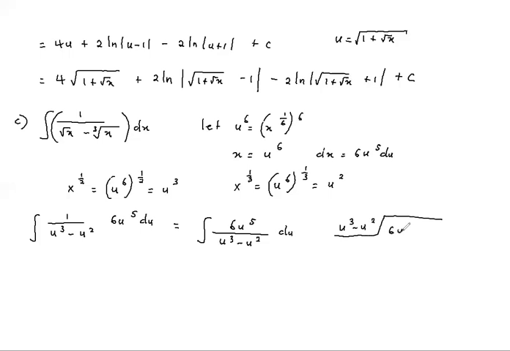So we'll have 6u^5. So u to the power 3 in 6u^5 will give us 6u^2, right? And then you multiply back, we'll get 6u^5 minus 6u^4.